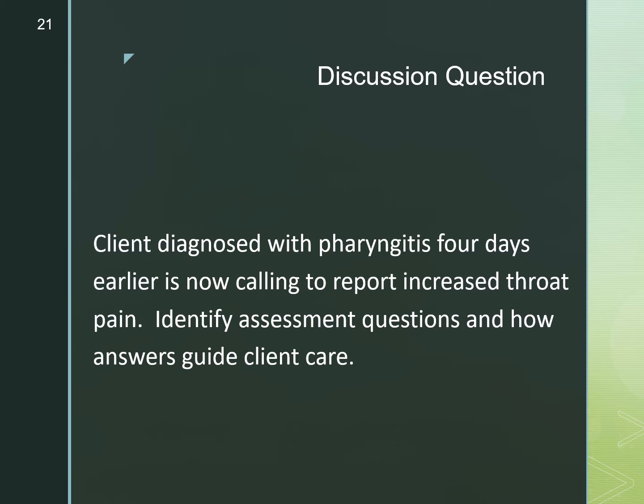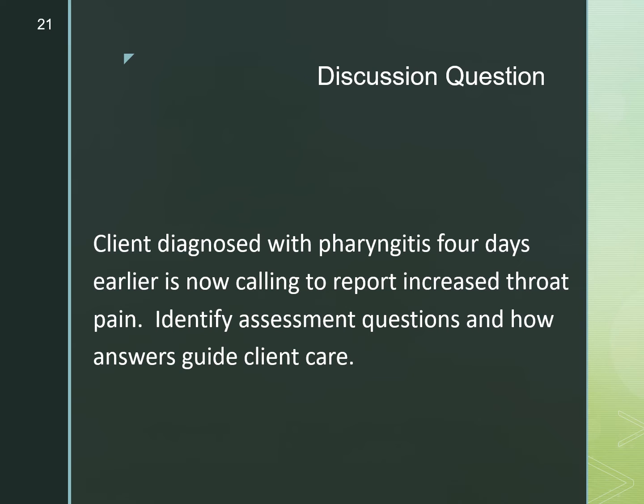Because it may be that we need to treat with an antibiotic in order to help improve that drainage. If we have that drainage, then it can continue to drip down the back of the throat and really irritate the throat. Have you been around anyone who's been sick lately?